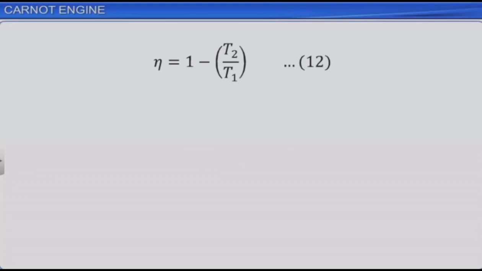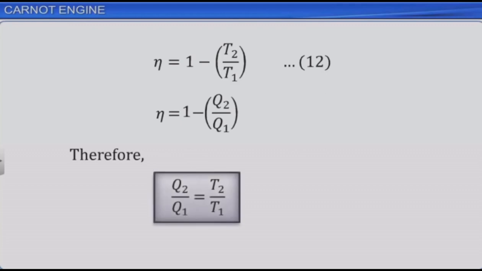If we compare equation 12 with the equation eta is equal to 1 minus Q2 by Q1, we get Q2 by Q1 is equal to T2 by T1. Note that this relationship Q2 by Q1 is equal to T2 by T1 is a universal relationship and is independent of the nature of the system.